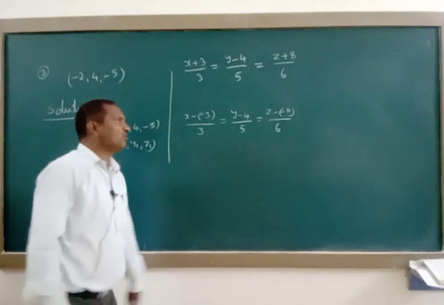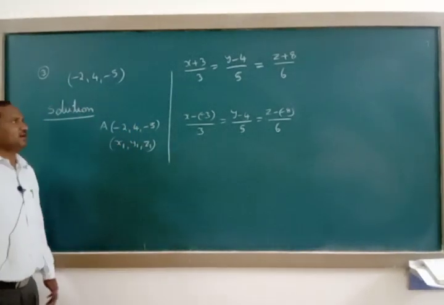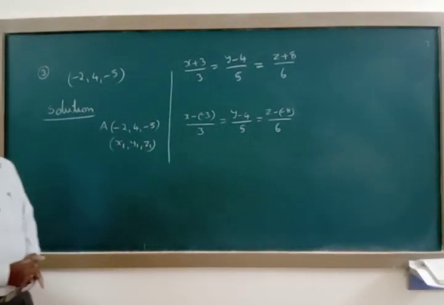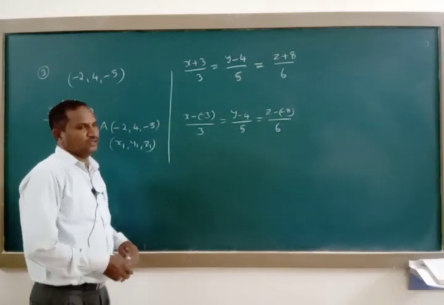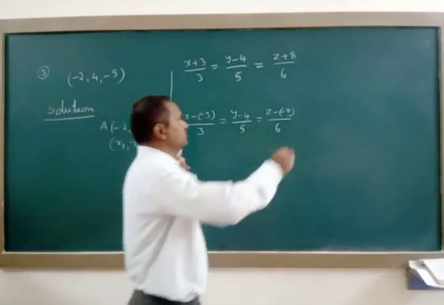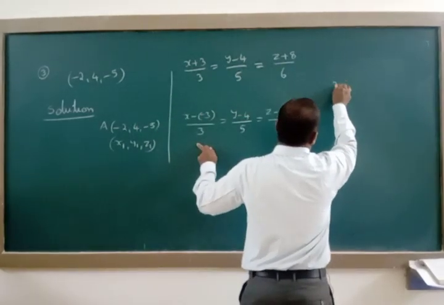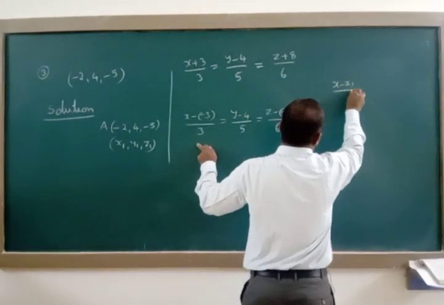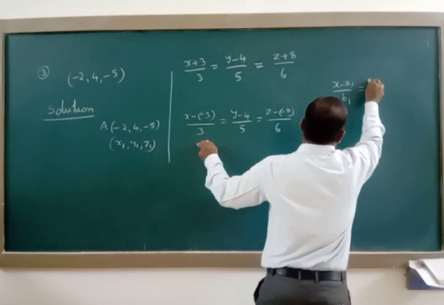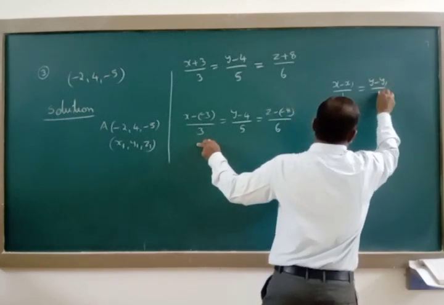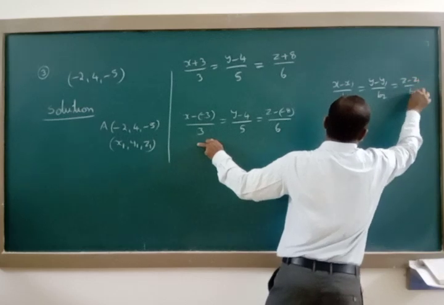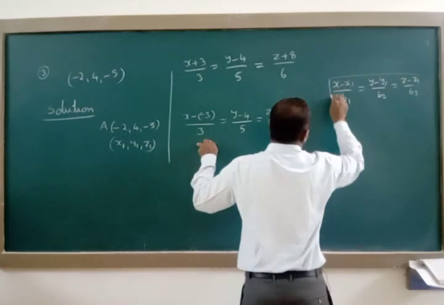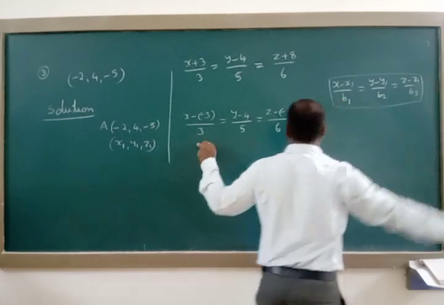Why I am writing this form: any time you see an equation of a line like this in three-dimensional geometry, we must convert it into this form, that is (x minus x1) by b1 is equal to (y minus y1) by b2 is equal to (z minus z1) by b3.